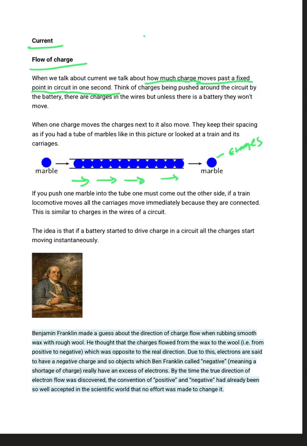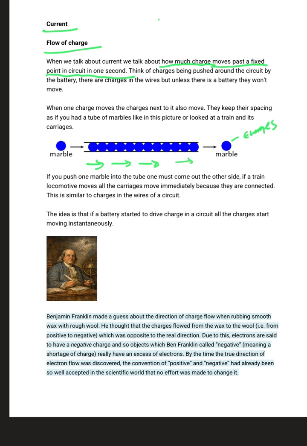When one charge moves past, the next to it will also move. They keep their spacing, as if you had a tube of marbles like in this picture, or looked at a train and its carriages, right? If you push one marble into the tube, one must come out of the other side. If a train locomotive moves, all the carriages move immediately because they are connected.